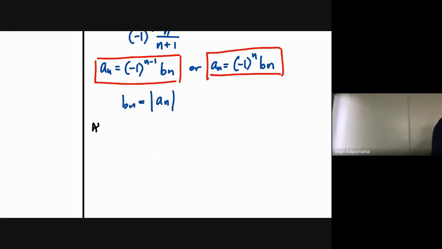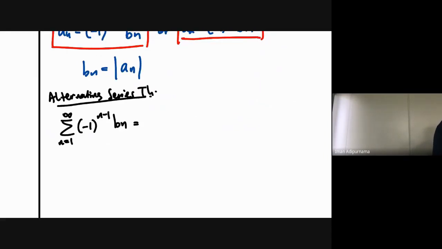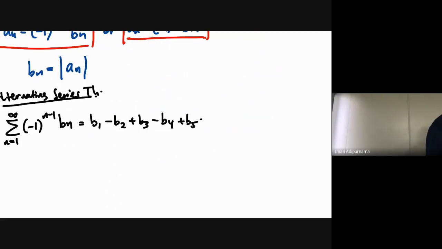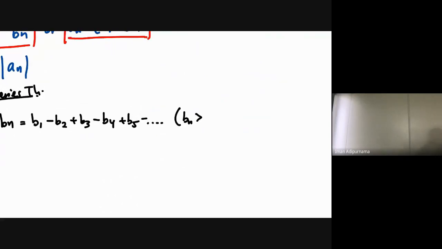Let me write the theorem for the alternating series. So right, this is maybe from B1 minus B2 plus B3 minus B4, and Bn is greater than 0.